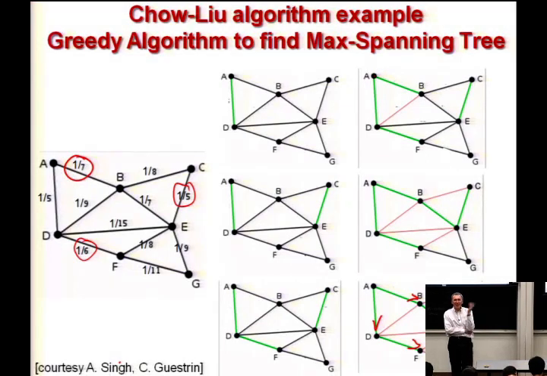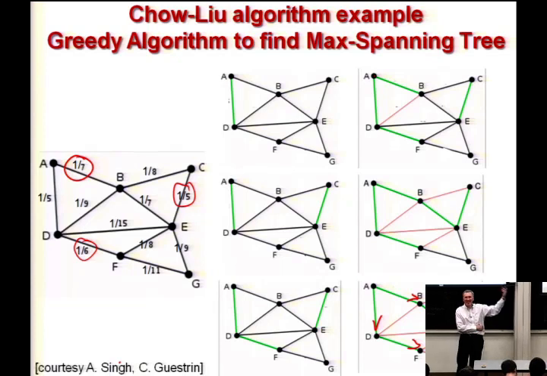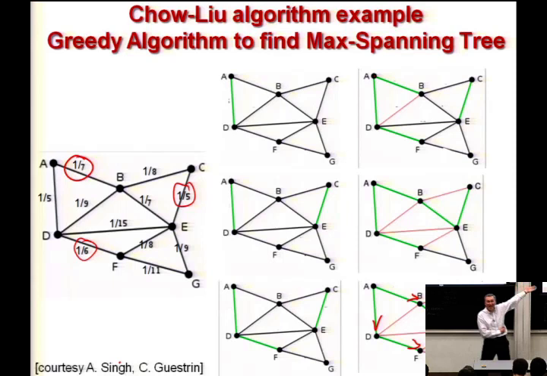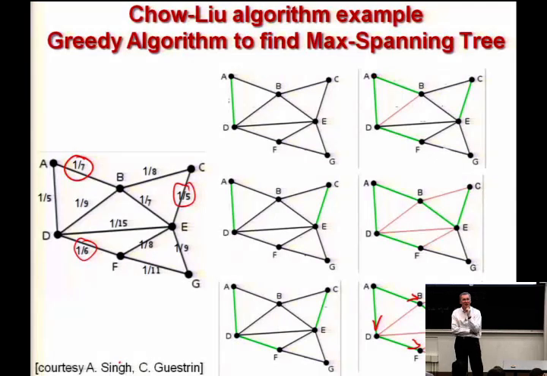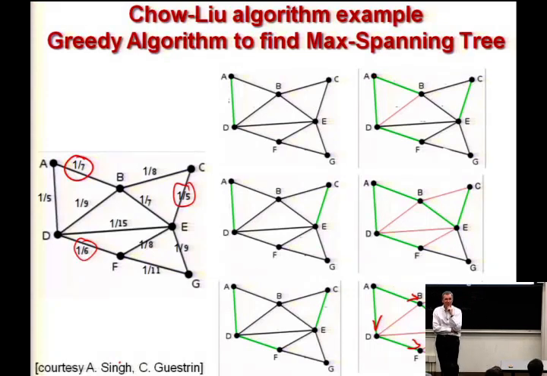And here there's just this very nice theoretical result that says we can use mutual information with a greedy algorithm to find the best, in terms of KL divergence from the empirical joint distribution, the best graphical model tree graph. And then a simple algorithm for doing that that's very tractable.